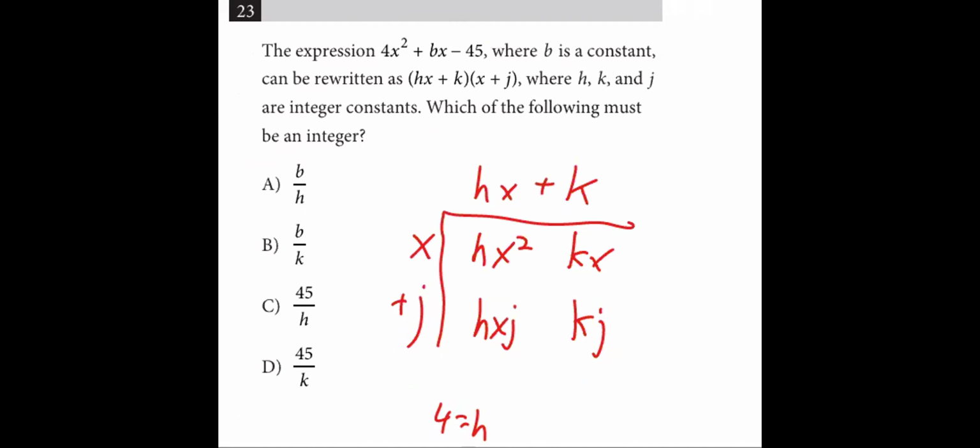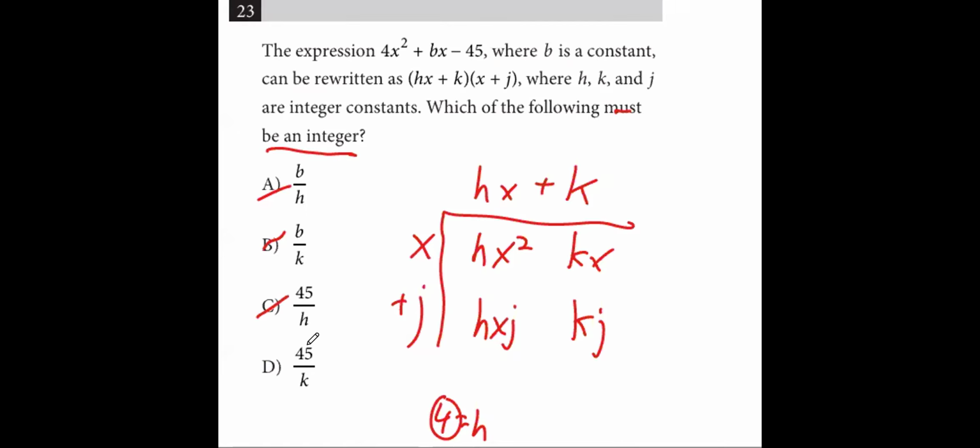So it asks us, which of the following must be an integer? The only one would have to relate to this 45 term, so it would have to be either C or D. For C, we have 45 over h. Well, we know 4 is h, and 45 divided by 4 is not a whole number.